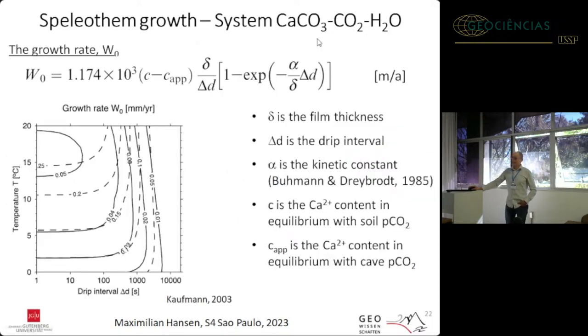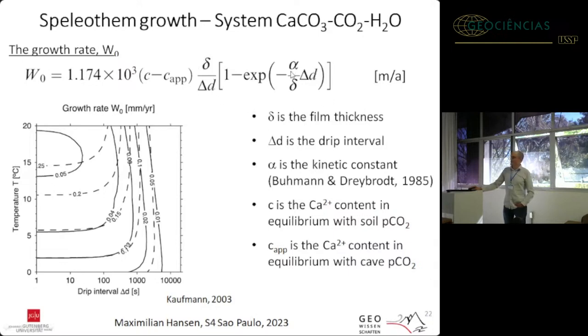Okay, so I just want to mention that I'm going over that rather quickly. So this is the equation for the maximum growth rate. It's a bit lengthy and looks pretty complicated. But in principle, you have the dependence on the film thickness. The delta D would be the individual drip interval.